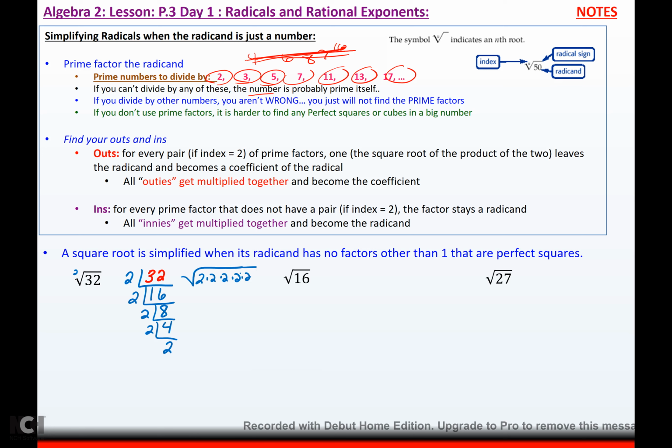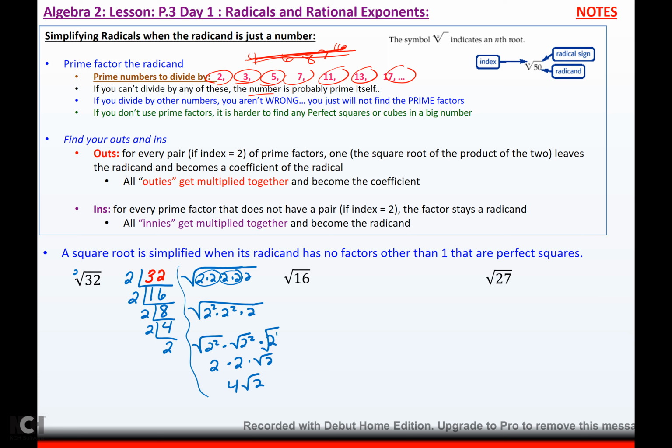Well, if you bundle them, that would be the square root of 2 squared times 2 squared times 2. That would be the square root of 2 squared times the square root of 2 squared times 2. That's going to be 2 times 2 times the square root of 2, because that one isn't perfect, which would give you 4 square roots of 2.